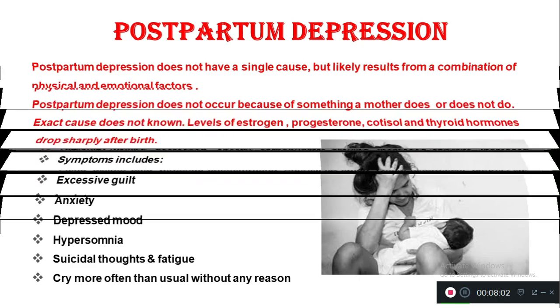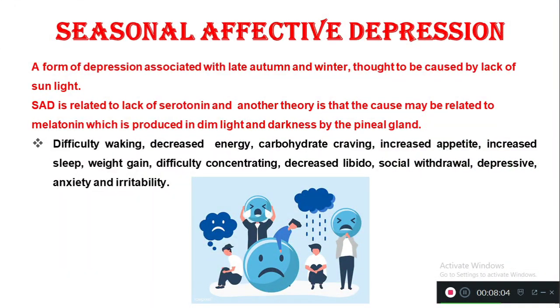Now the next type of depression is seasonal affective disorder. This is very common during winter and late autumn, and it is because of the lack of sunlight. Another theory says that lack of serotonin is the main cause related to seasonal affective disorder.